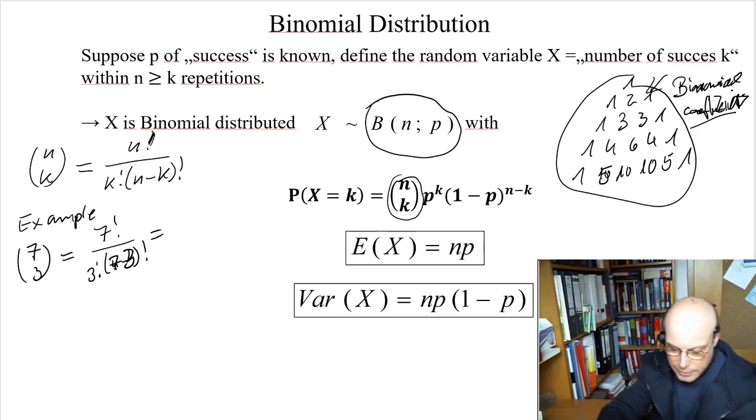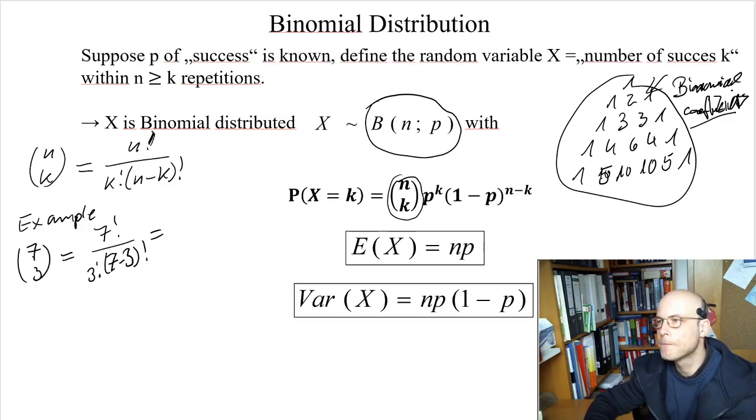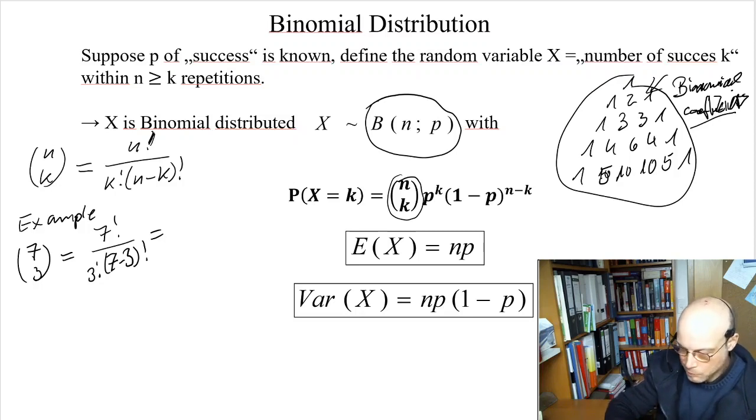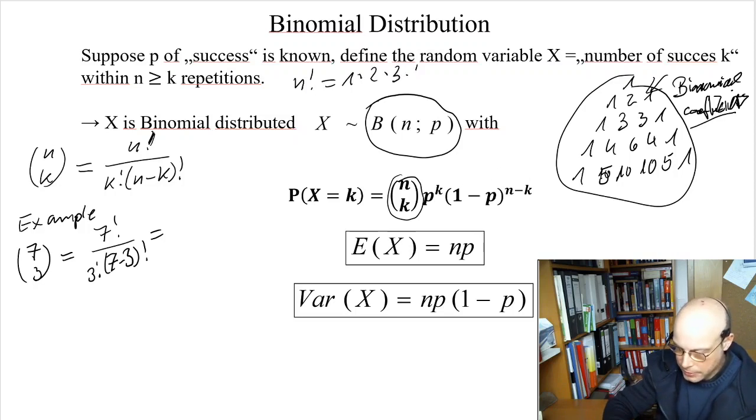How do we calculate this? What is n factorial? This is just a shortcut for 1 times 2 times 3 times 4 and so on times n.